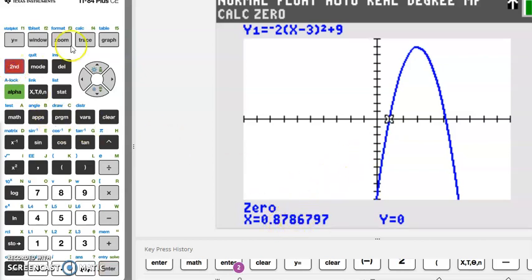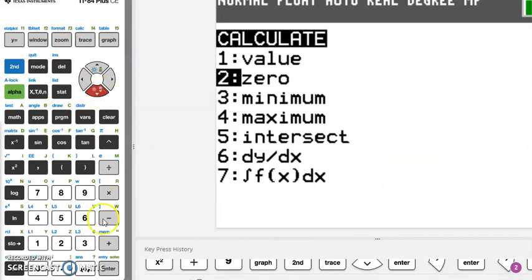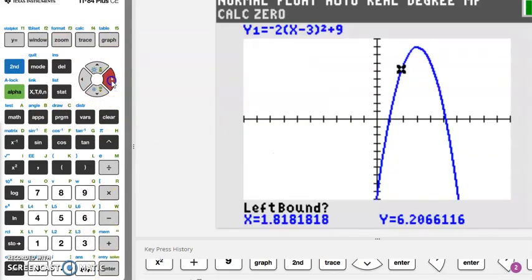Okay, we'll do the same thing for the second zero. And again, you guys should know how to do this. We did them already in the previous class. So it's second function calc, left bound, right bound, enter again, and we get 5.12. All right.